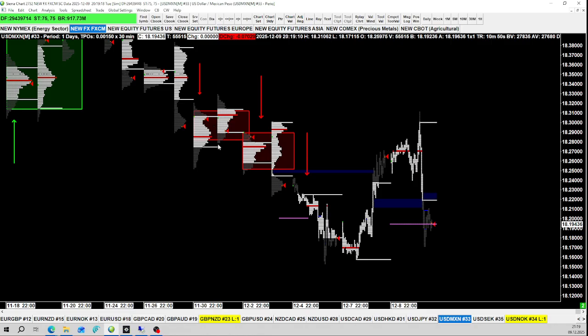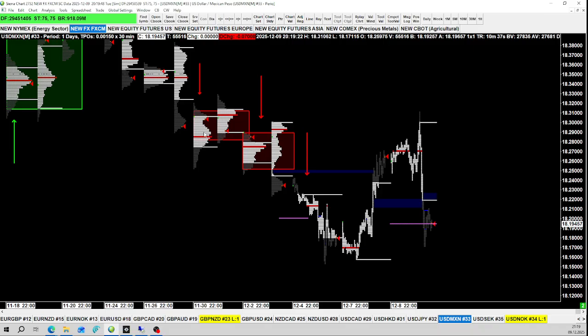The reason why I'm marking those days this way is because I'm looking at the places on the chart where days were overlapping. As you can see, the value area of this day is overlapping with the prior day. So this is something that I want to merge.